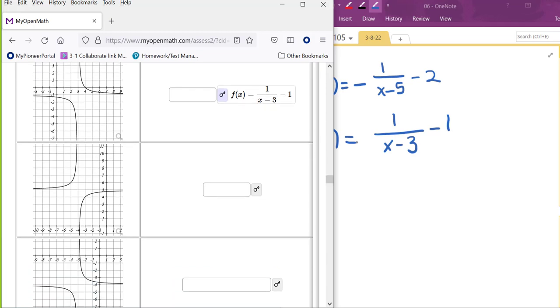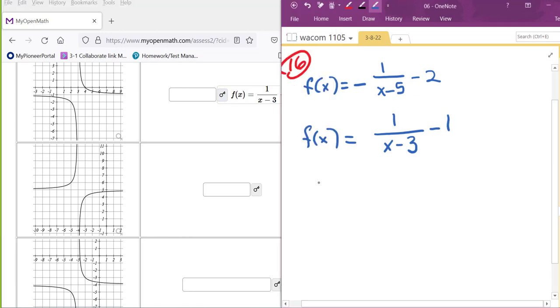This one is flipped again because your curved part goes the other way. So we'll have a negative in front. And it has moved to the left 4 units, because here's your vertical asymptote. If you're unsure if it's 4 or 5, look and see which would be the vertical asymptote. So -4 is the vertical asymptote.